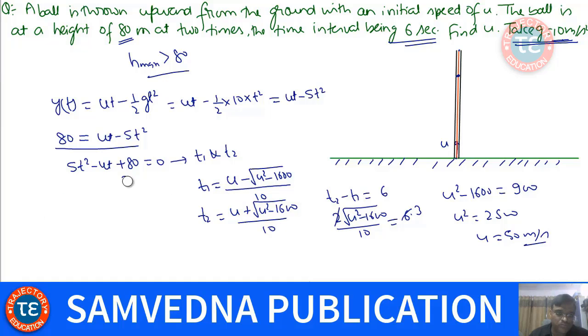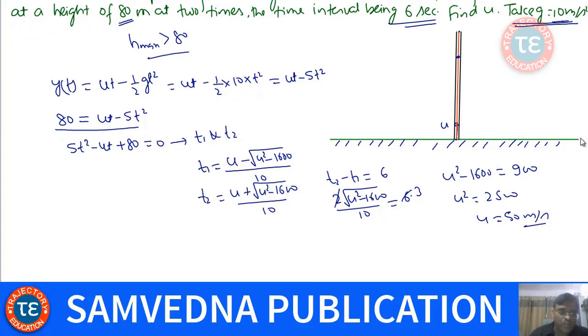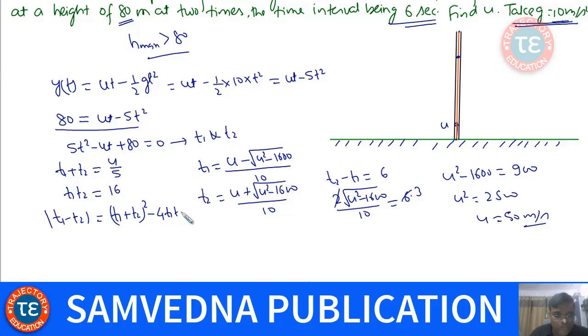Or you can use the property of the roots. You know t1 plus t2 would be u by 5, and product of roots is 80 by 5, that is 16. So t1 minus t2 would be, under root of t1 plus t2 whole square minus 4 t1 t2.